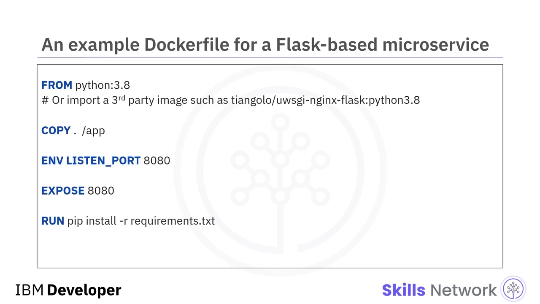For example, here we run pip install to install all required Python libraries. And the last one is the CMD. The main purpose for this instruction is to provide a default for executing a container. This instruction often defines the executable that should run in your container. In the example, you run the Flask microservice, but note that there can only be one CMD instruction in a Docker file.